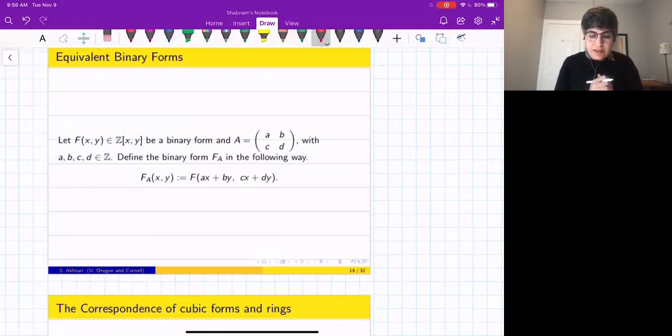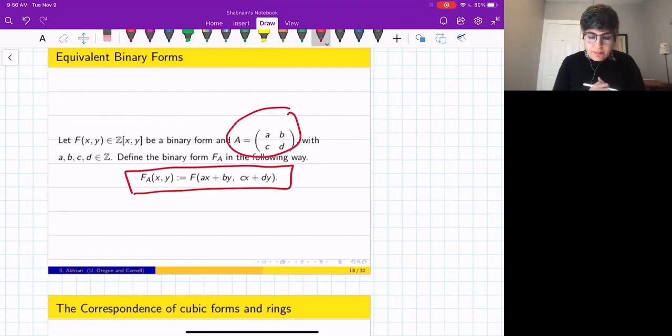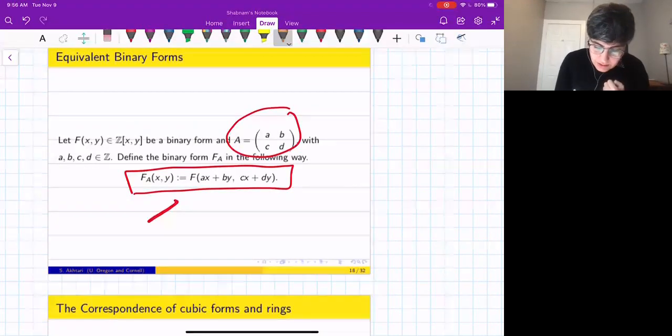Let me quickly, because I mentioned equivalence classes of binary forms, say what I mean, for those of you who are not very familiar. As I said, you can take a matrix and let it act on your binary form. And what you see, if you have f sub A defined that way, you get another binary form of the same degree.